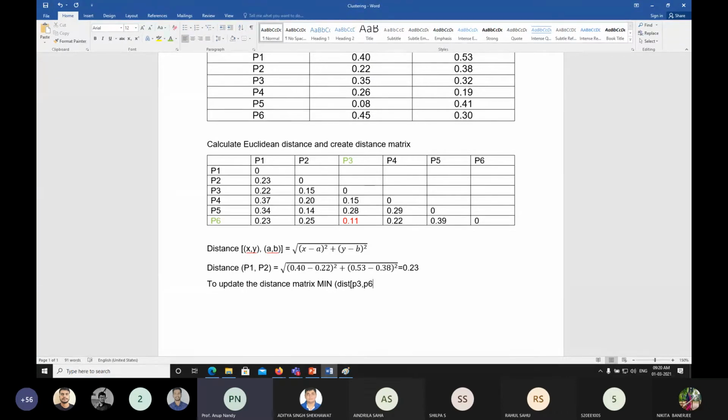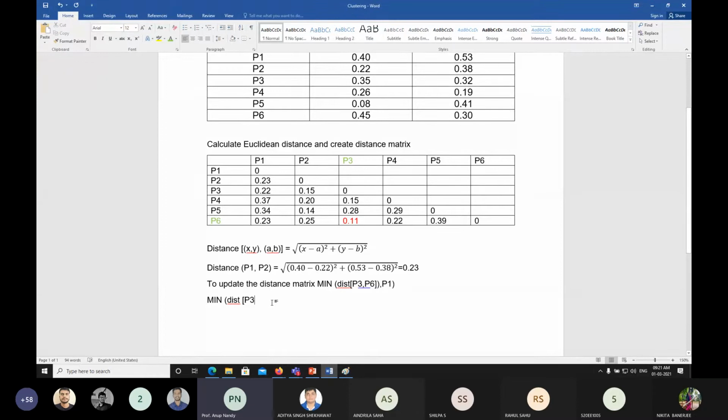You have to find P1. The distance notation should also be capital, otherwise you will have difficulty understanding the nomenclature.